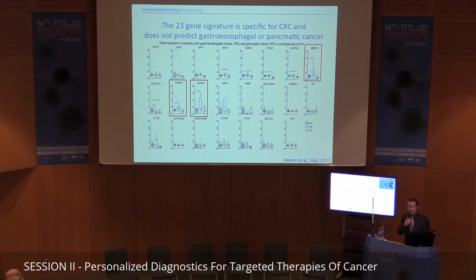This is indicative in our view of a specific marker panel that can be delineated for several tumor entities, and there will be some kind of overlap. To detect this specific signature that might detect gastroesophageal or pancreatic cancer, we would need to do the genome-wide expression study on those patients again, which has not yet been done.